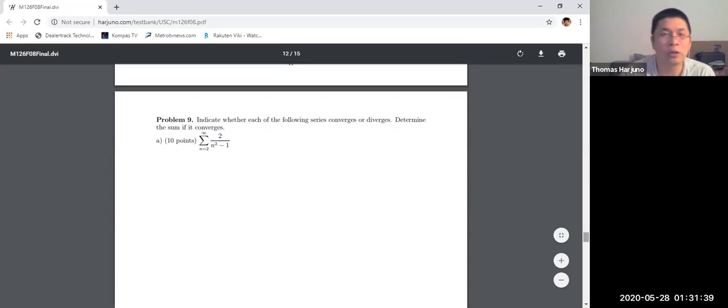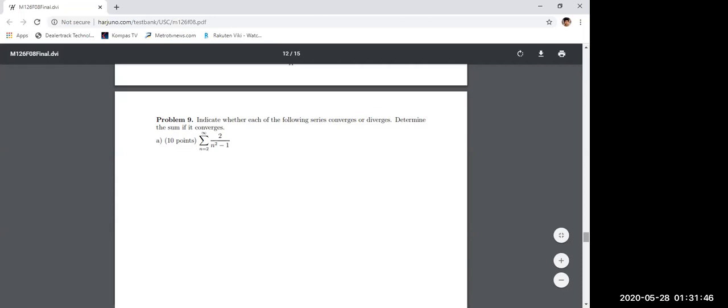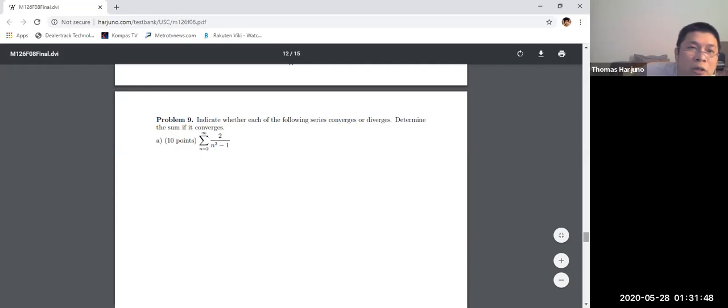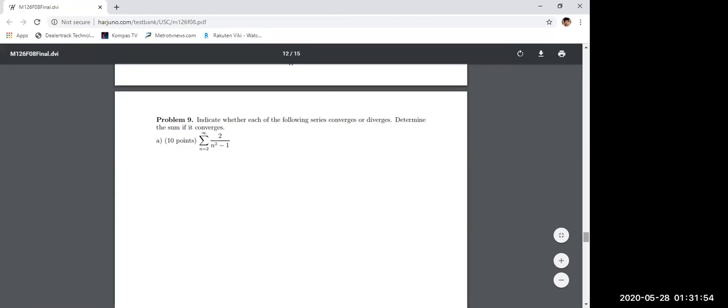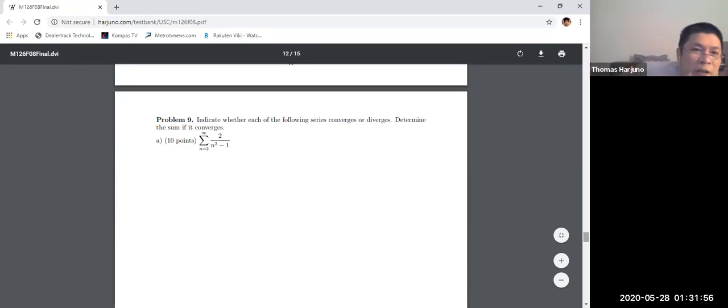Do you see this question, problem number 9 here? If you look at this question, what do you think your approach would be? A P series, like comparison test. That's if you just need to find if it is convergent or divergent. But the problem here says determine the sum.